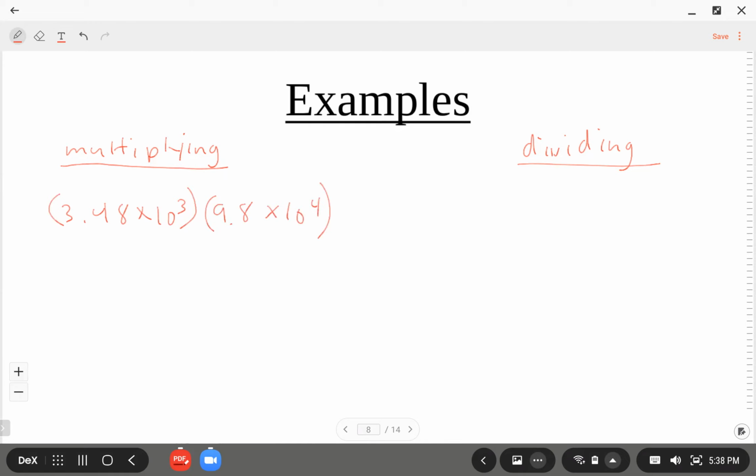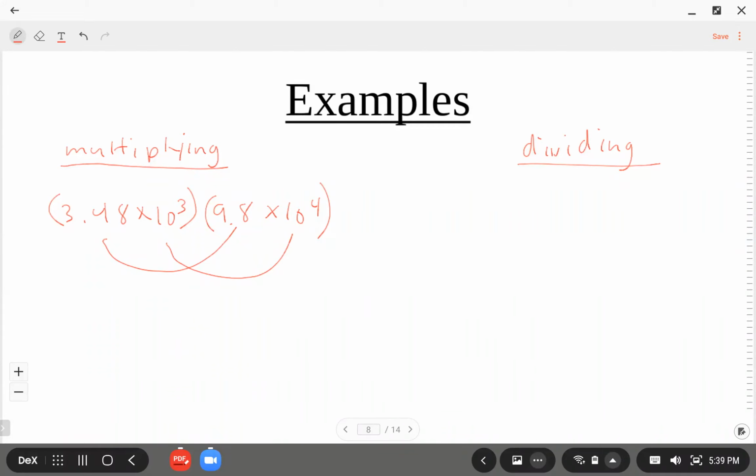That should be a pretty good example. And what do we do here? When we multiply scientific notation, you multiply the like terms. Numerals, multiply numerals. Exponents, multiply exponents.